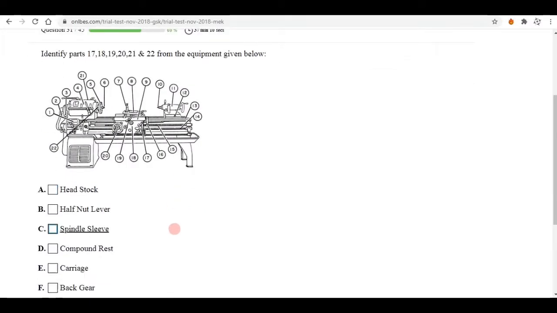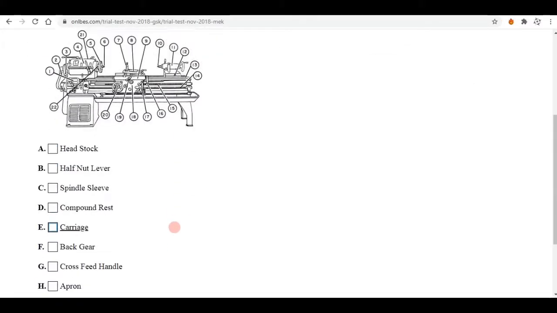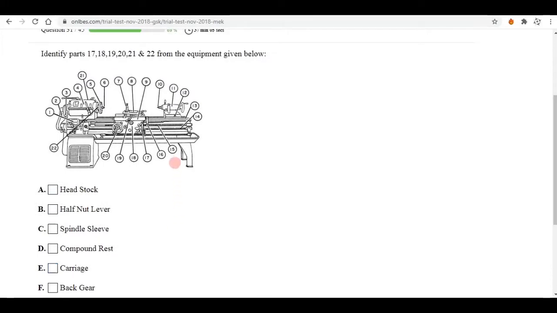Oh God, this question comes. You have to solve this question, and this question carries more marks than other questions because there are a number of options. So identify the parts. This is a lathe machine, 17, 18, 19, 20, 21, 22. The 17th one is the half nut lever.